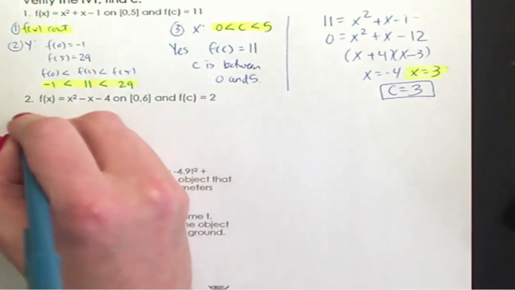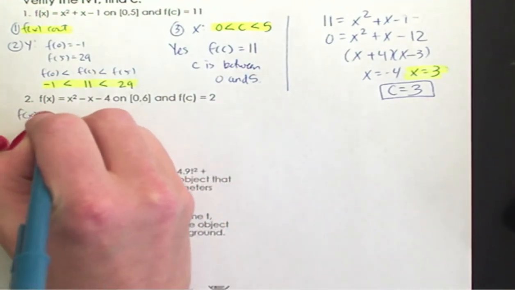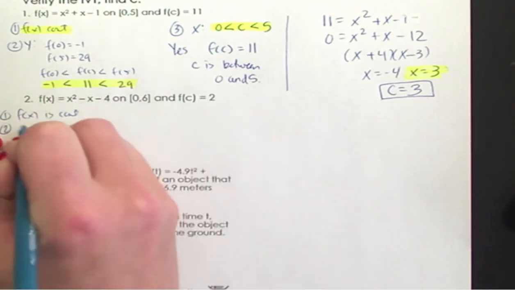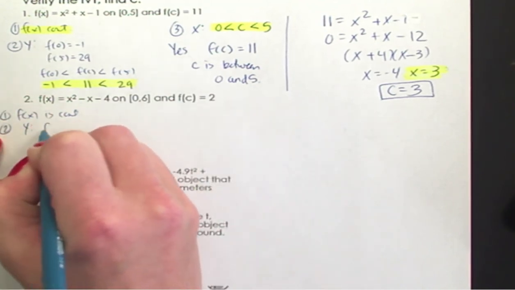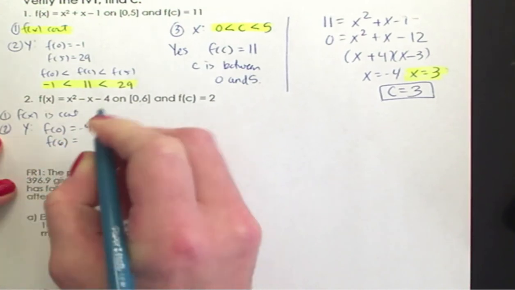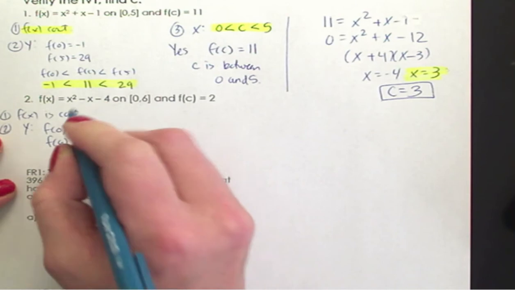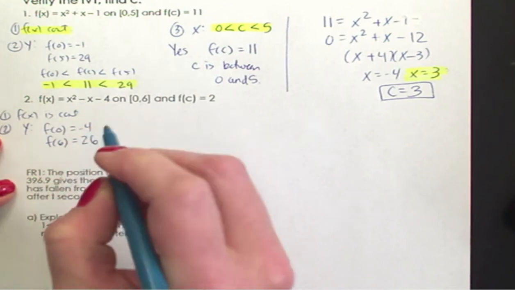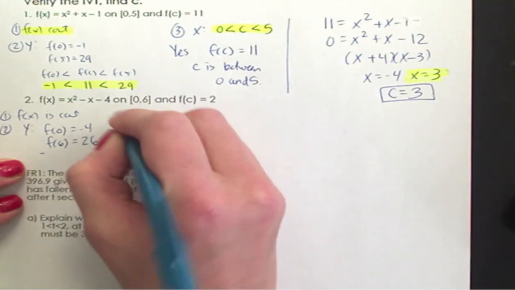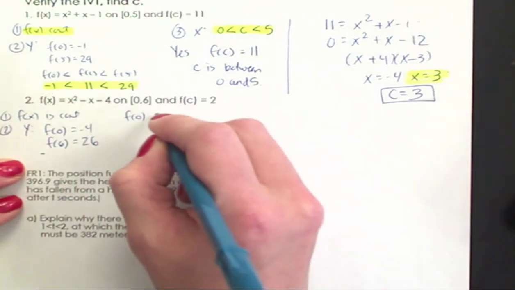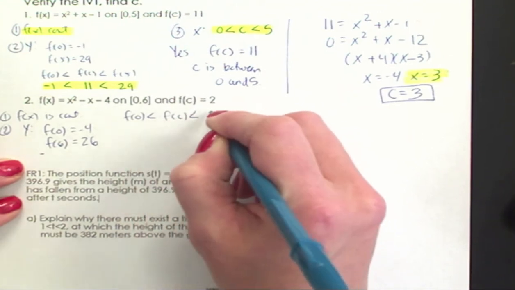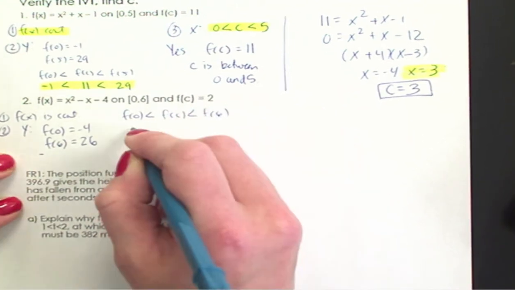Okay, number 2. f of x is continuous. Compare the y coordinates, okay? f of 0 is -4. f of 6 is 26. Okay, so write my inequalities. f of 0 is less than f of c is less than f of 6.